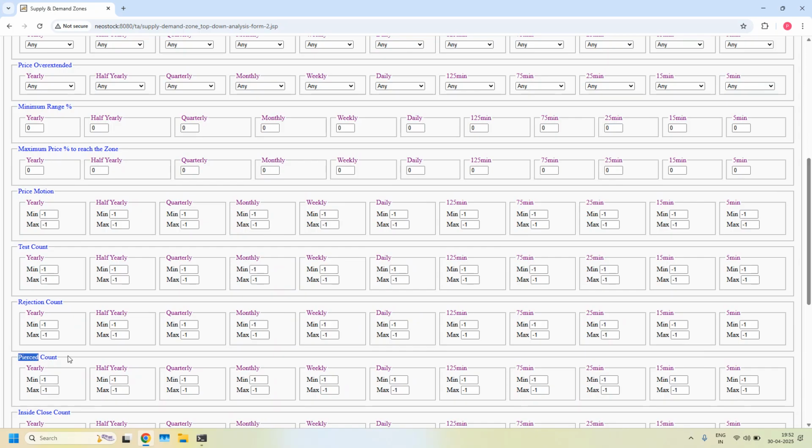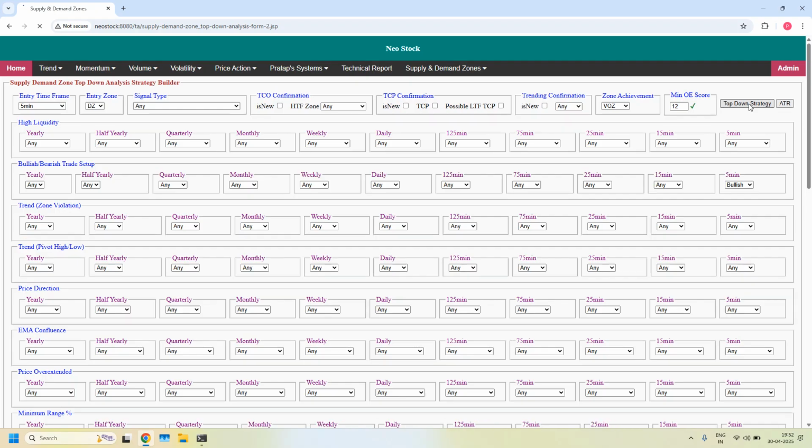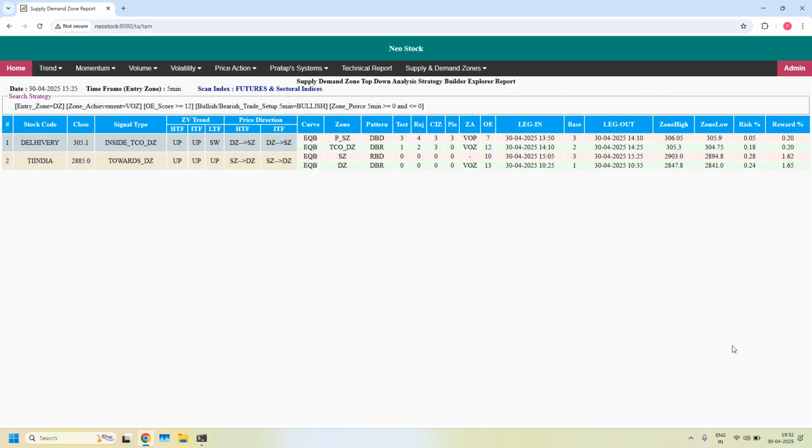So in the pierced count at 5 minutes time frame, minimum value I am setting 0, maximum value 0. That means pierced count should be 0. Pierced count 0 means this 5 minutes demand zone should not be pierced. We got only 2 stocks.